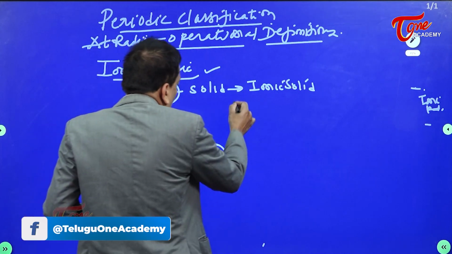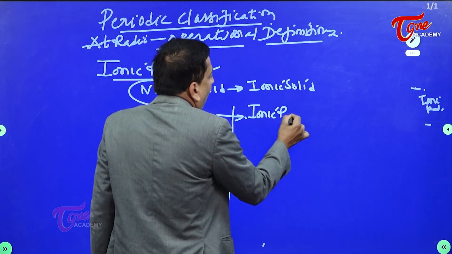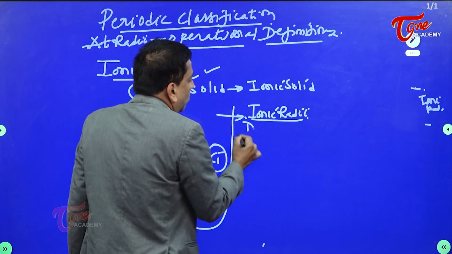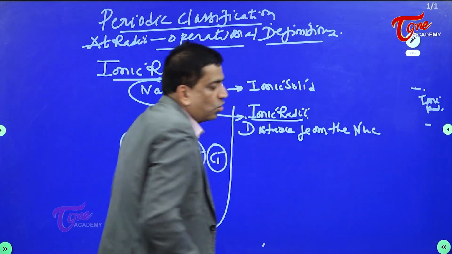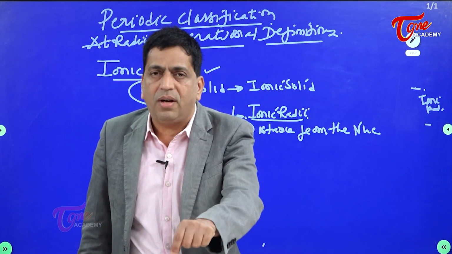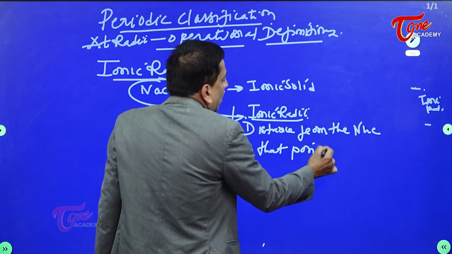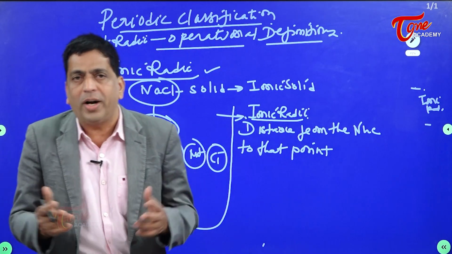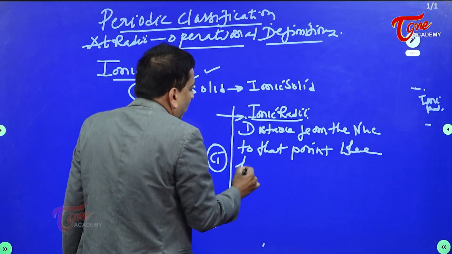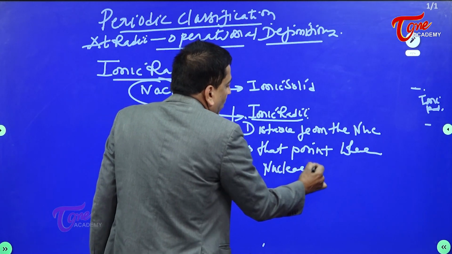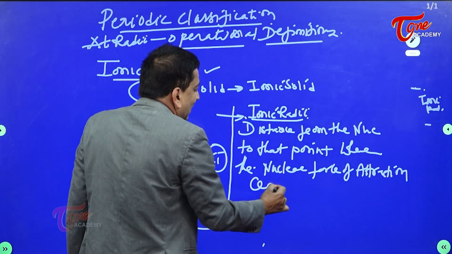And if I can define this for you, ionic radius is defined to be its distance from the nucleus to that point where the nuclear force of attraction ceases to exist.